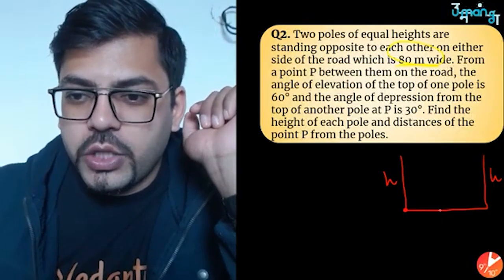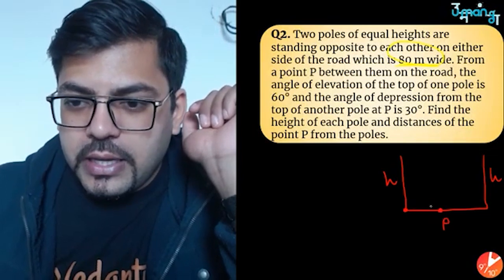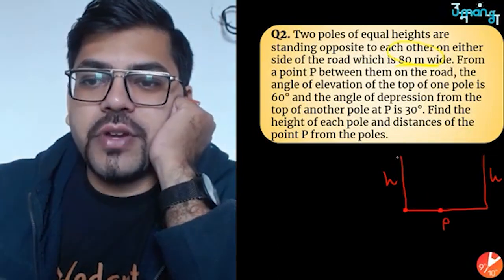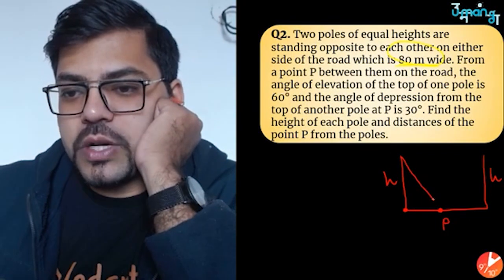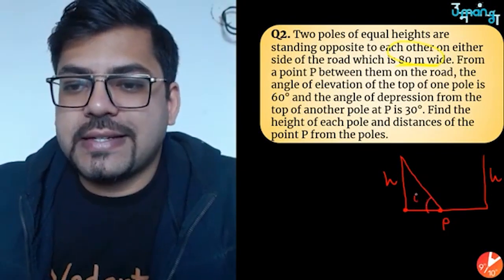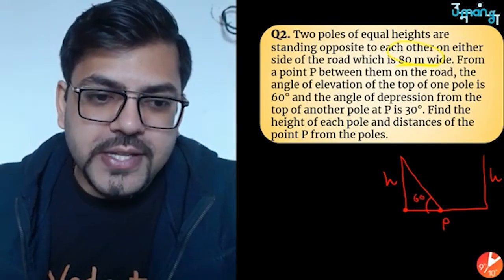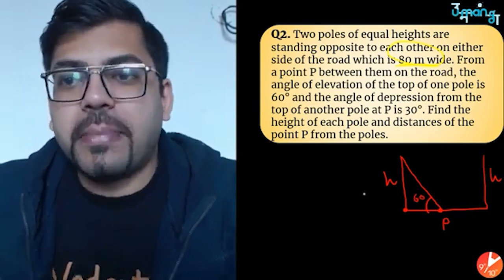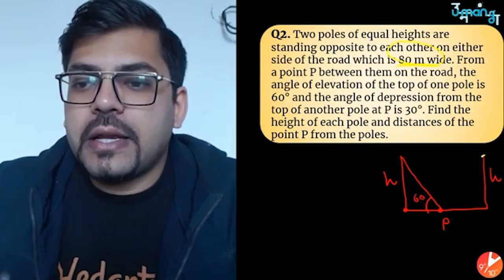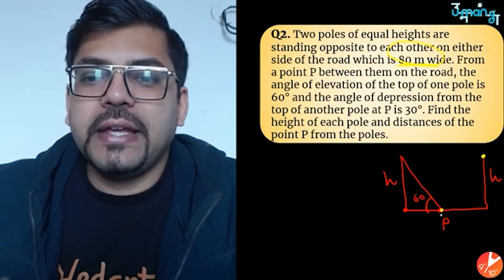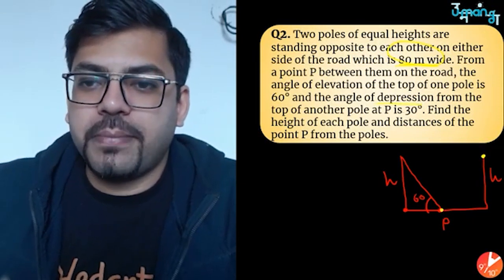So here you will take a point P, and from here the question says that the angle of elevation of one of the poles is 60 degrees, and the angle of depression from the other pole to the point P is 30 degrees.